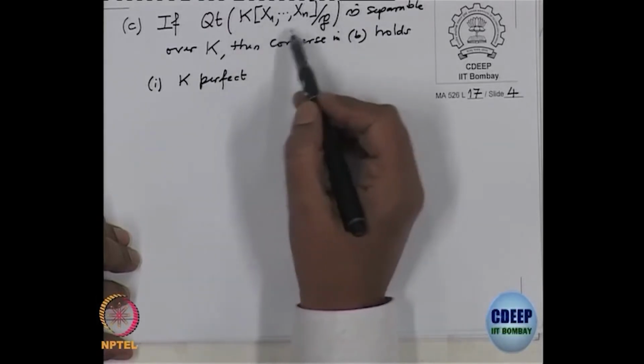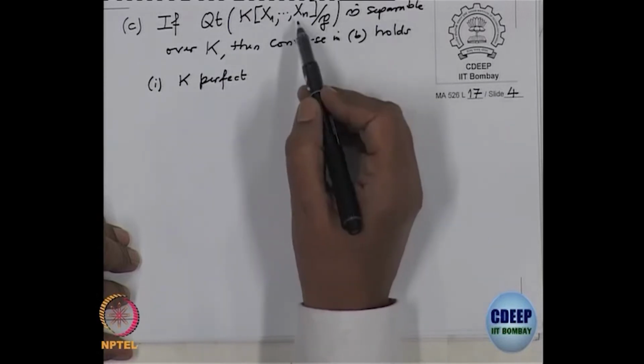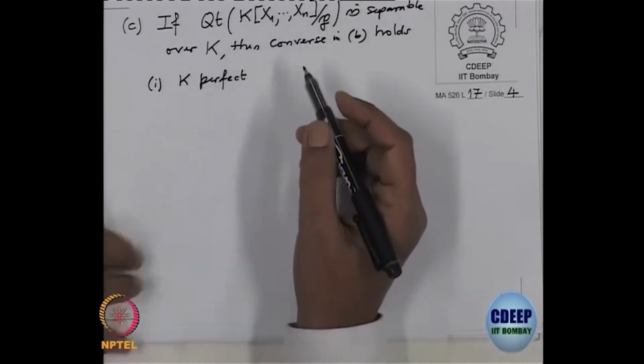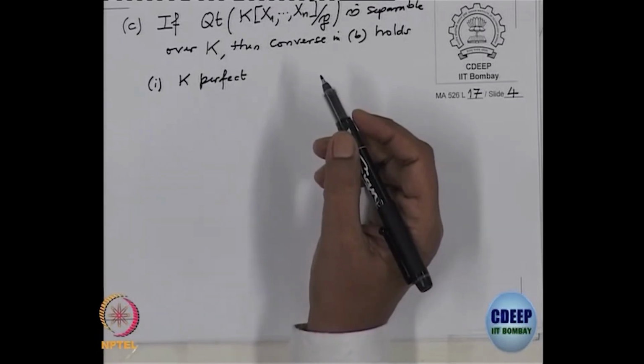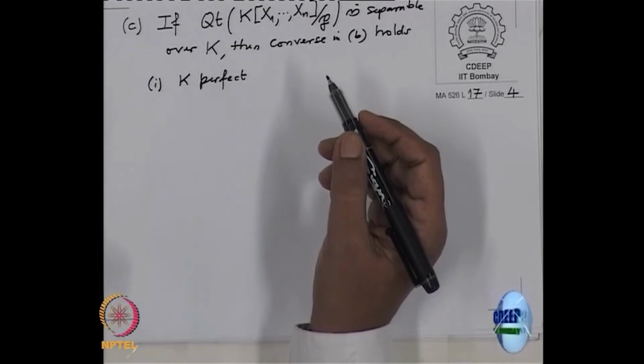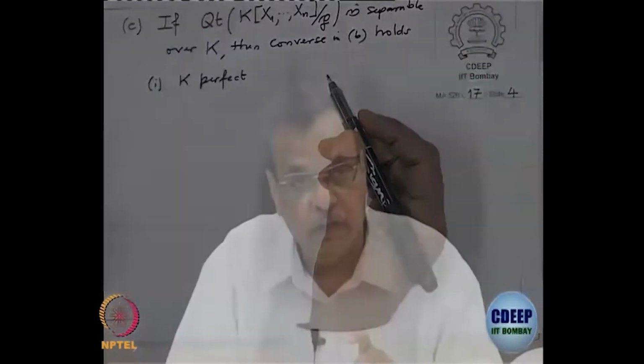So separability should mean that there exists a separating transcendence basis. That means after you attach a transcendence basis, the algebraic part is a separable extension, and an algebraic extension is called separable if every element has a minimal polynomial that does not have repeated roots.